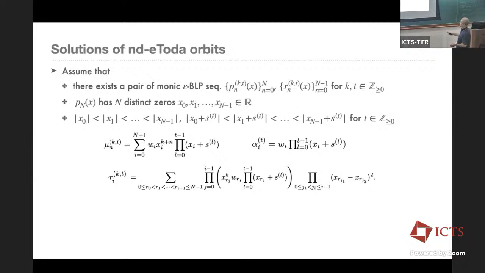So basically x0 and x1 play the role of eigenvalues of the corresponding eigenvalue problem, a generalized eigenvalue problem. Also, for convergence, we assume that the plus S of t also does not destroy the order. This is just an assumption, not crucial, but for checking the positivity I assume this one.